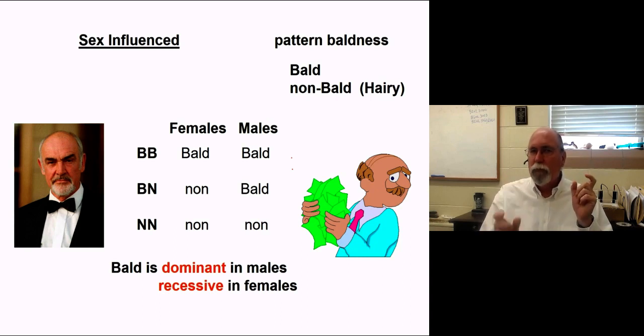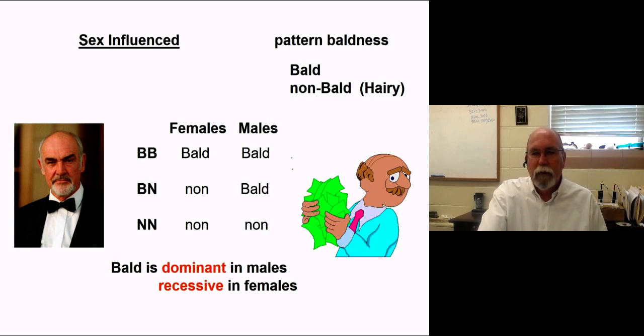Recessive means you need two copies, right? Dominant means you only need one copy to express it. So in this case, baldness is recessive in females, but it is dominant in males, because you only need one copy in males, but you need two in females. Non-balding is just the reverse. And that's often a code system that you'll see when you work these out.